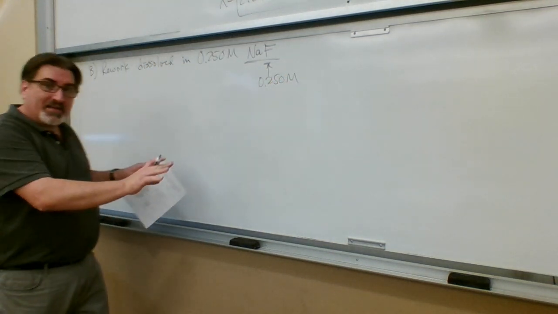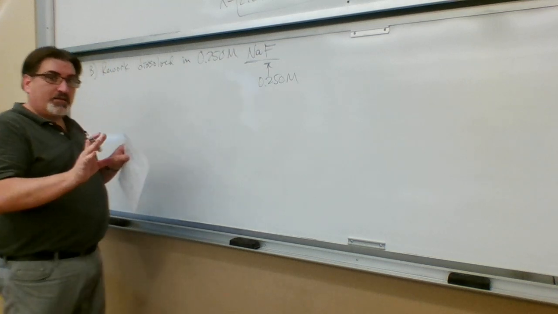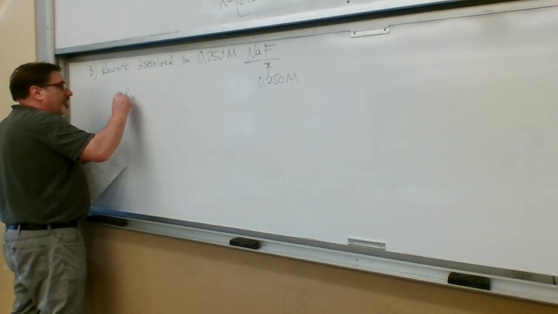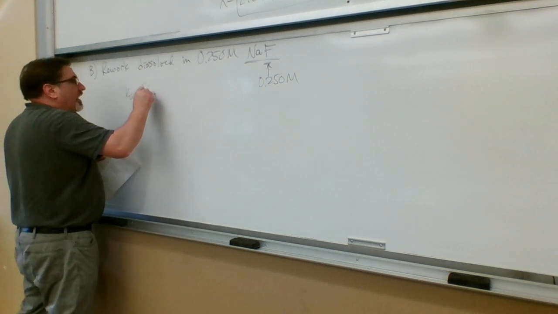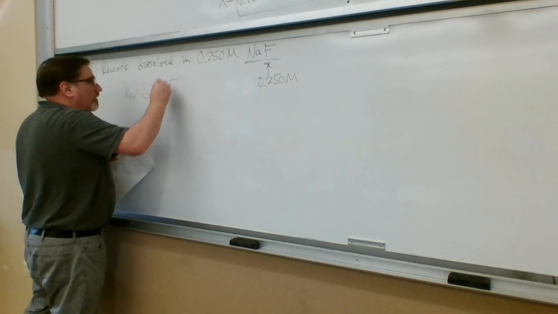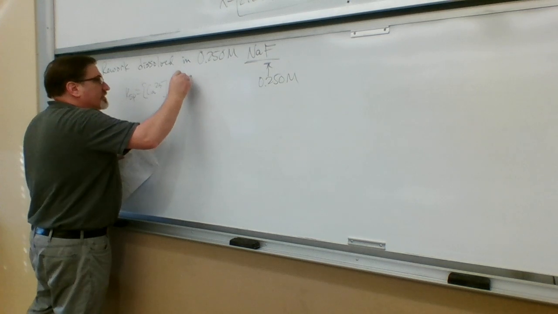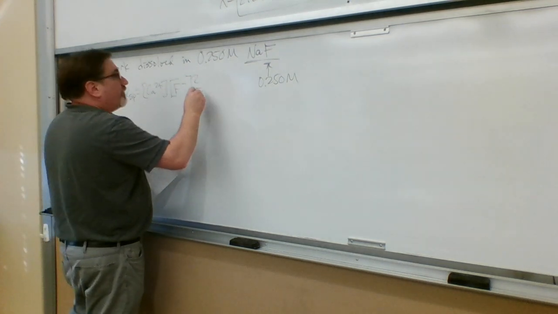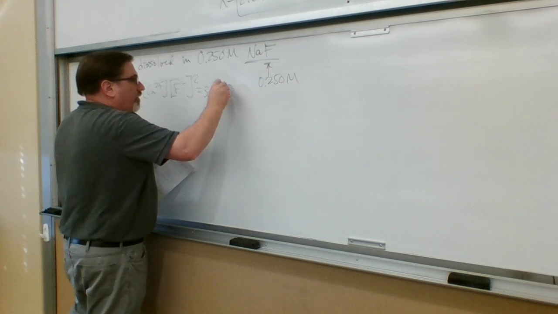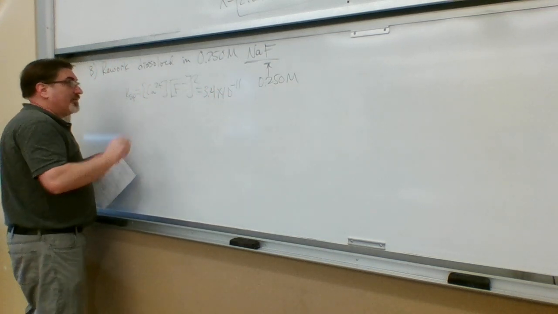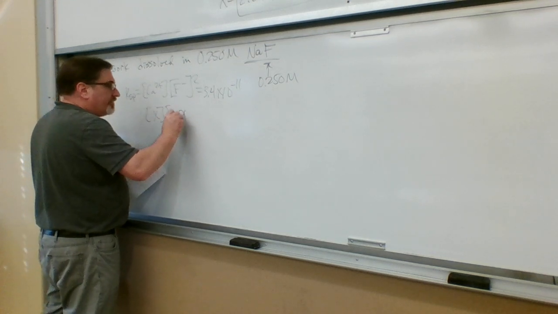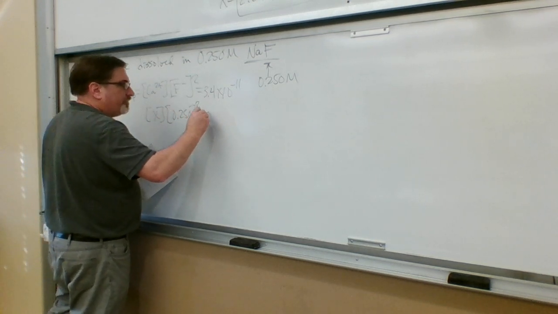Now, if you want to write out the ice table and do all that stuff, great. But you can save yourself some time if you realize that KSP, which is Ca2+ and F minus squared, having a value of 3.4 times 10 to the minus 11th, can be written as X and 0.250 squared.